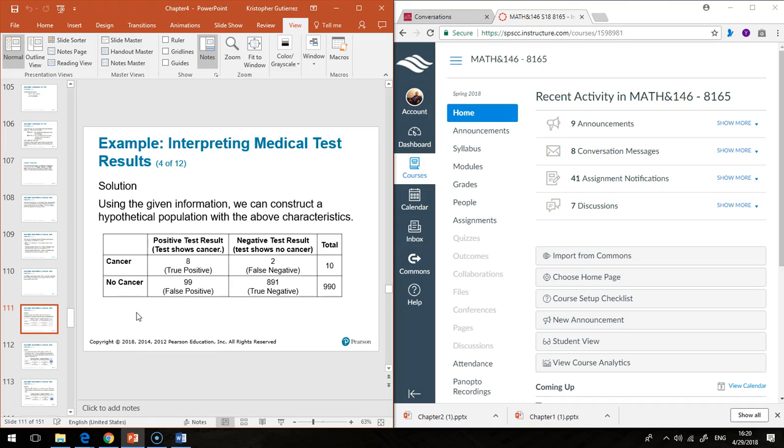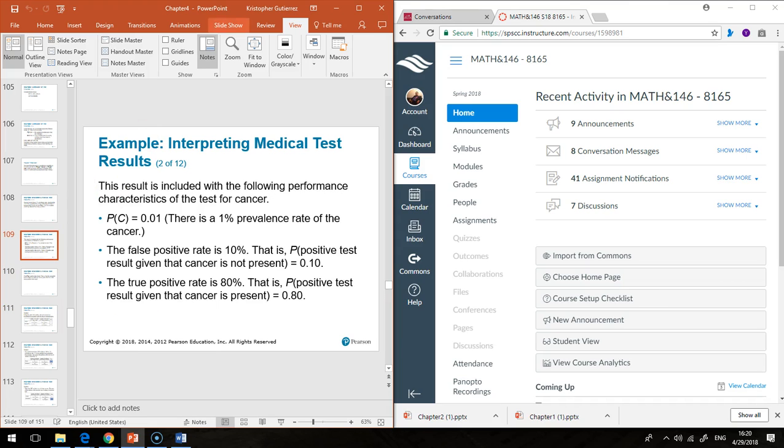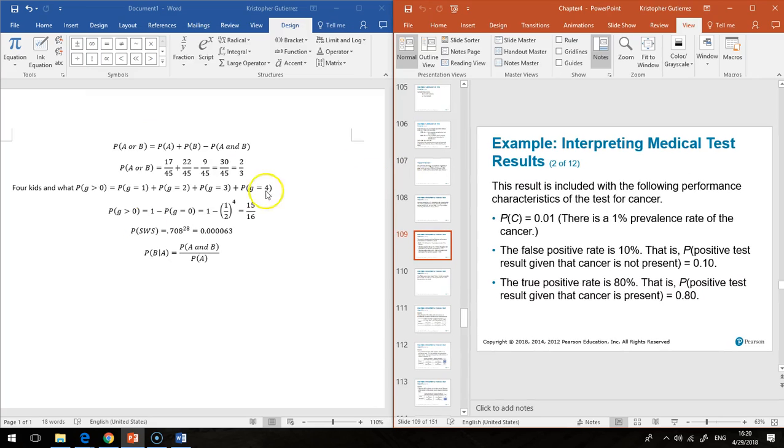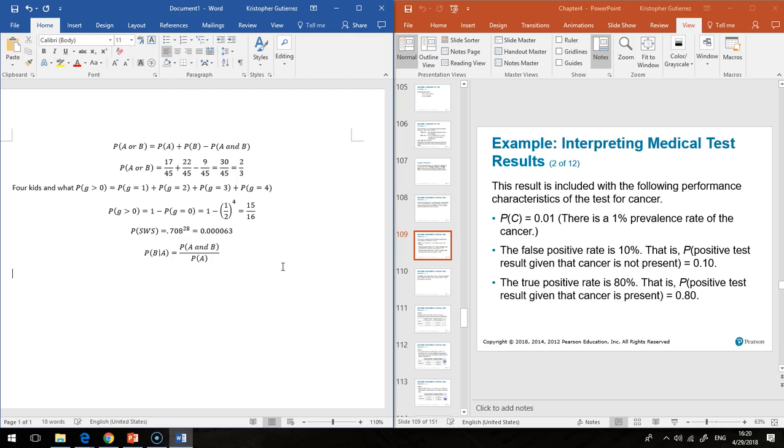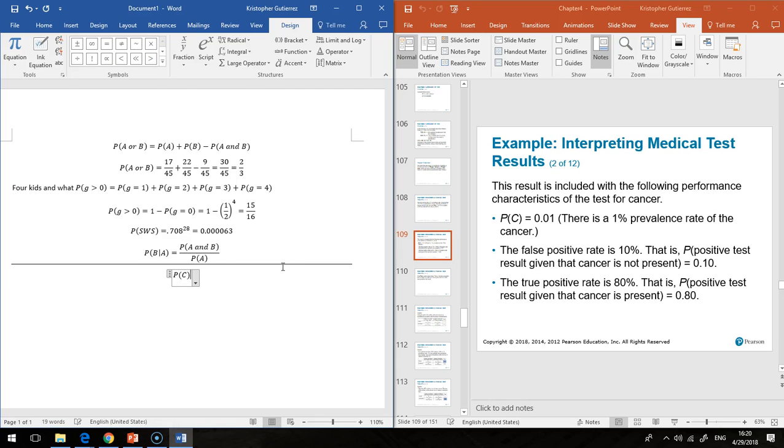There we go. Well, let's take a look at some things we got here. And get rid of all that. Let's go. All right. So I go on to something new. The probability that someone has cancer is 0.01.